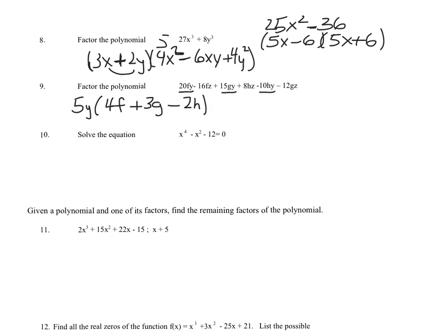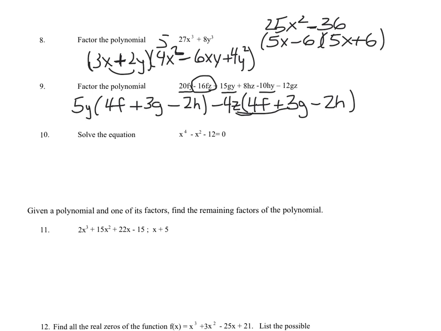And then looking at the remaining terms, if I'm doing grouping, I should get the same expression in parentheses. So if I need 4f, that means I'd be taking out a negative 4z out of that term. Now distributed, you have your negative 16zf, or fz.